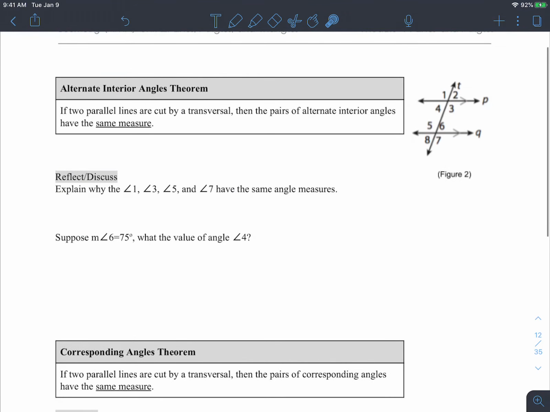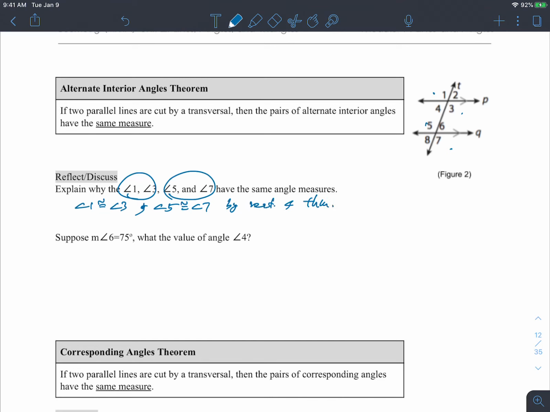Okay. So here it is, quickly. Why does 1, 3, and 5, 7 have the same measure? Because they're vertical angles, right? These 2 and these 2 are the same, right? Because of vertical angles. Angle 1 is congruent to angle 3, angle 5 is congruent to angle 7 by vertical angle theorem.